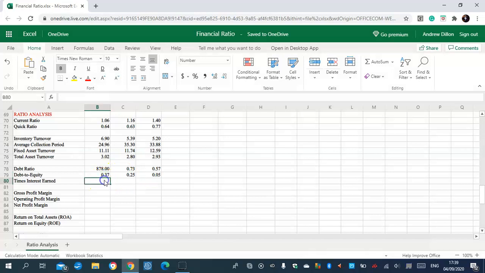That's very good. Times interest earned will be the next step to calculate in this financial ratio.